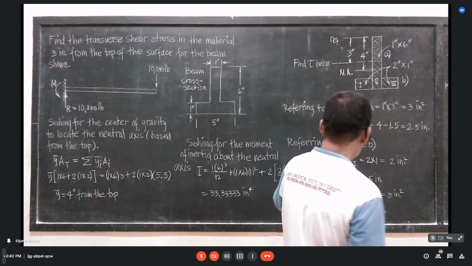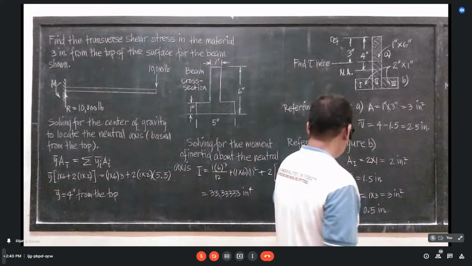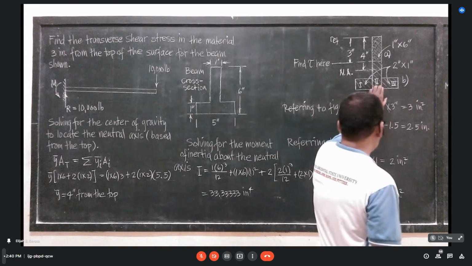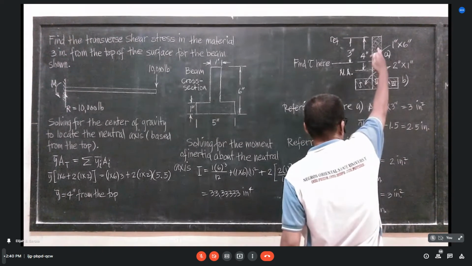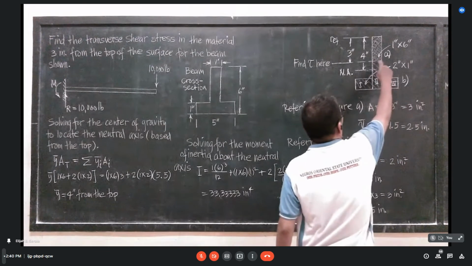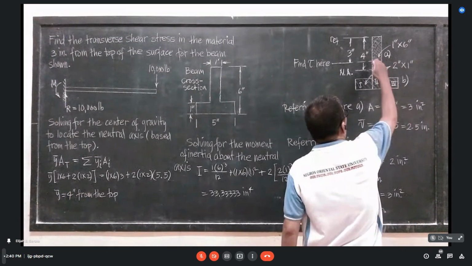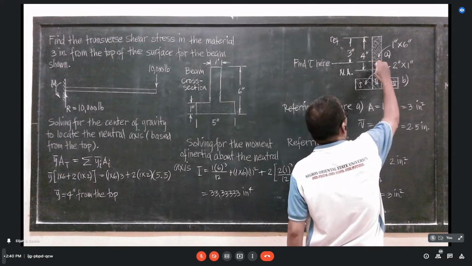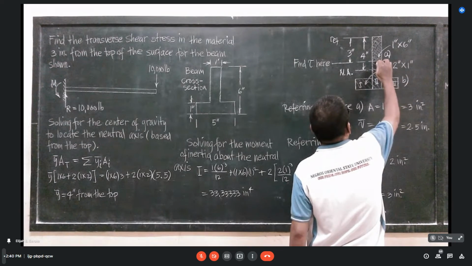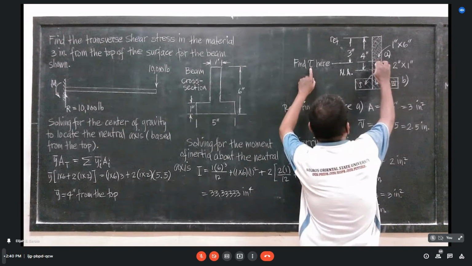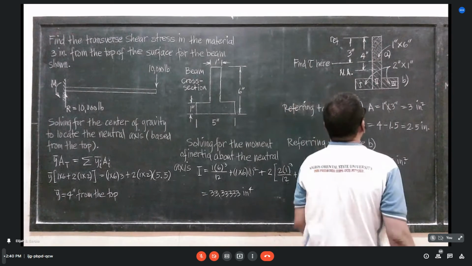Shall I explain? Yes, sir. Okay, we're talking about this one. Remember, the area is the composite area, measured from the location where you want to find the transverse stress to the outermost fiber, either toward the top or toward the bottom.